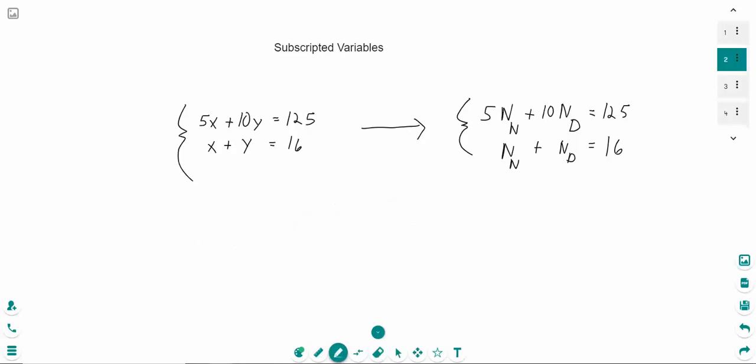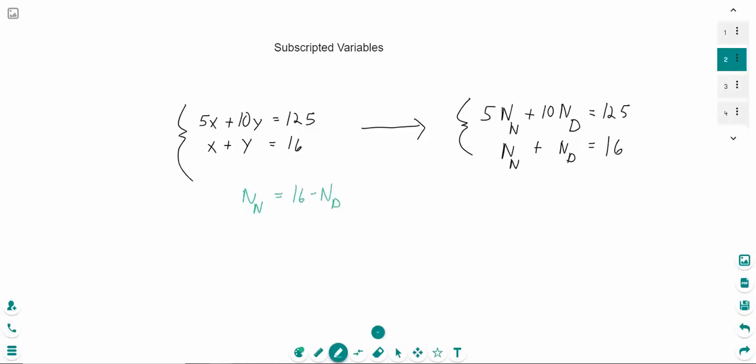Okay, so if they told you to solve this by substitution, you would do the same thing that you've always done. You might say, I'm going to start by taking the second equation and solving for n sub n, and that's going to make it 16 minus n sub d.